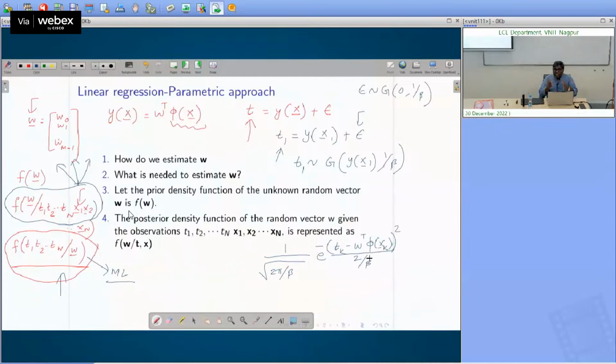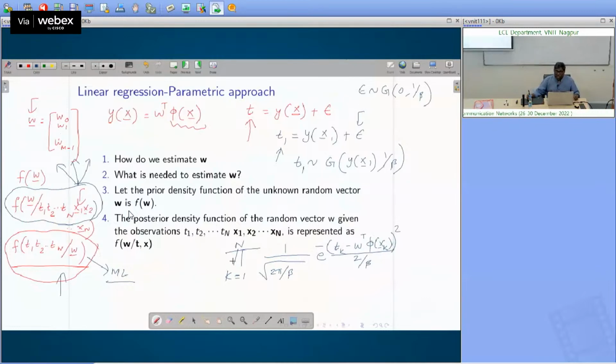All these t's, t1, t2, t3, and so on up to tn, are independent. They are totally independent of each other. So if I want the density function of t1, t2, and so on up to tn, it is simply the product over k ranging from 1 to n, over all the observations.